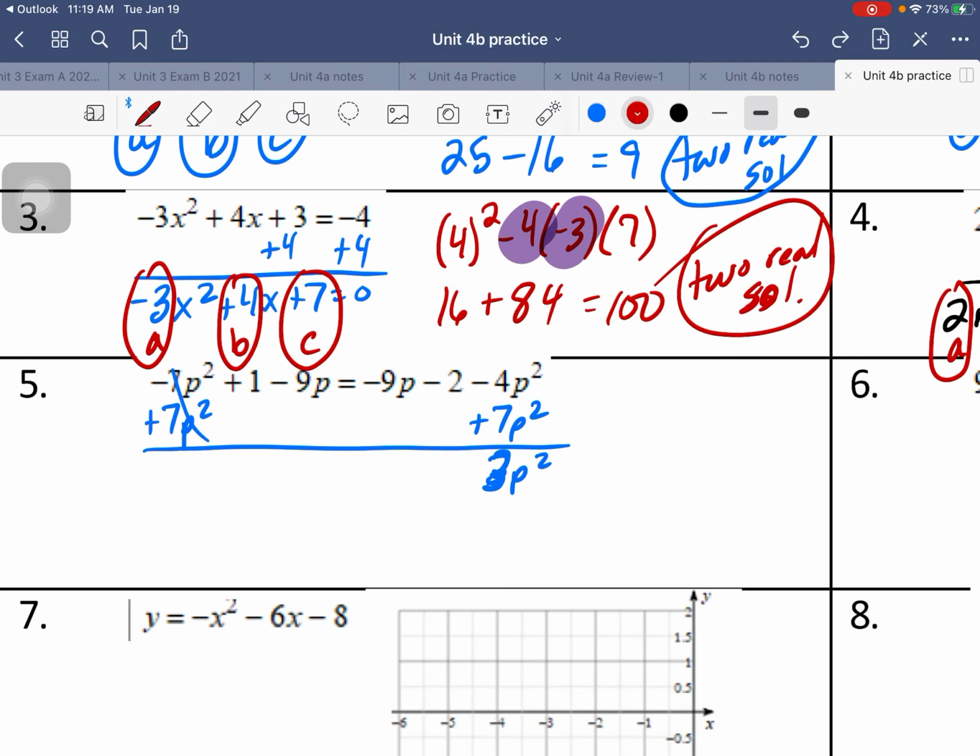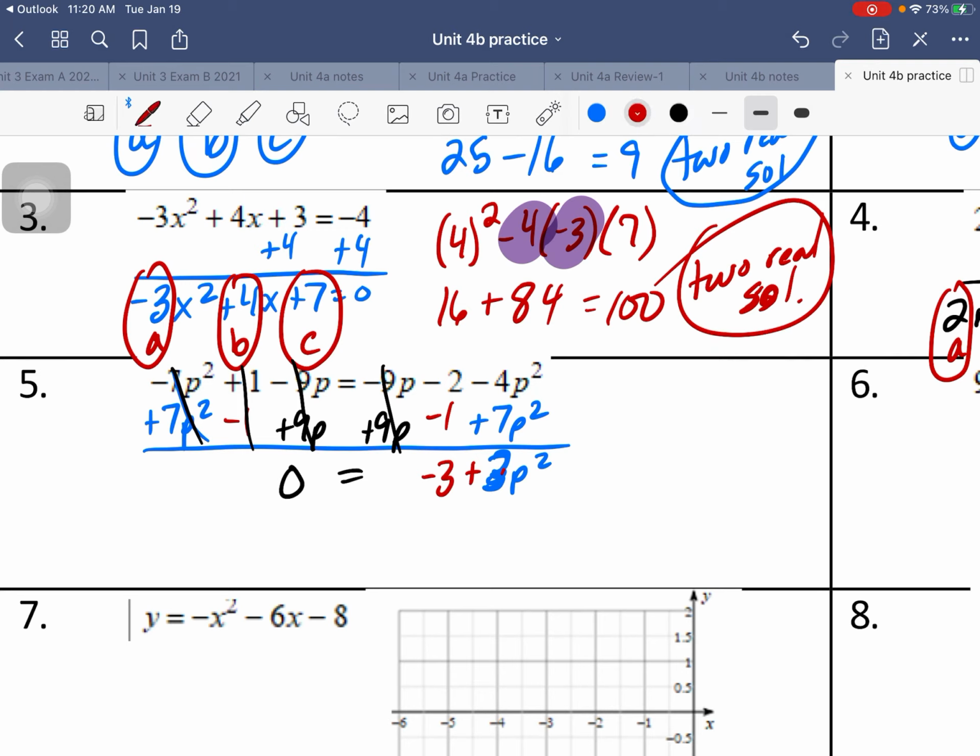We're going to subtract 1, so that becomes -3. This 3p squared is positive, so I'm going to put a plus there. And lastly, add 9p to the other side, and those just cancel out. So everything simplifies to 0 equals -3 plus 3p squared.